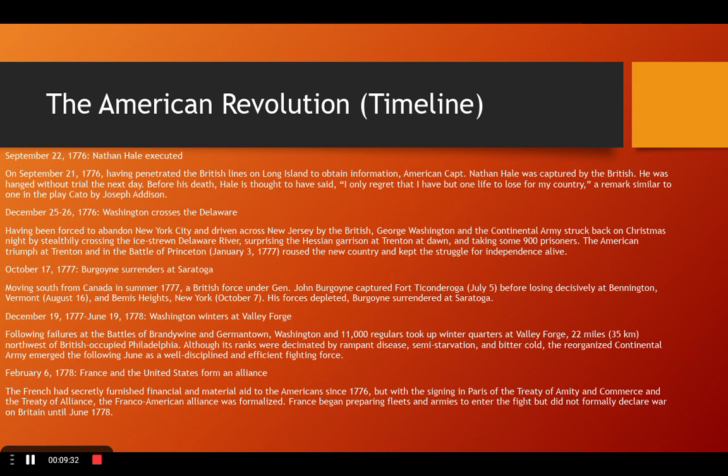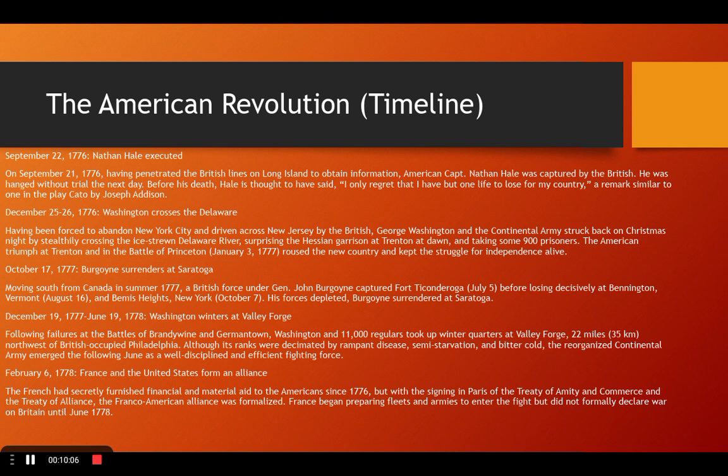December 25 and 26, 1776. Washington crosses the Delaware. Having been forced to abandon New York City and driven across New Jersey by the British, George Washington and the Continental Army struck back on Christmas night by stealthily crossing the ice-strewn Delaware River, surprising the Hessian garrison at Trenton at dawn and taking some 900 prisoners.